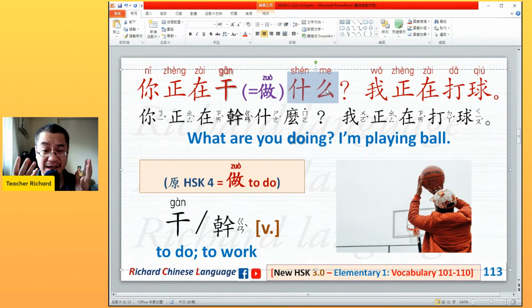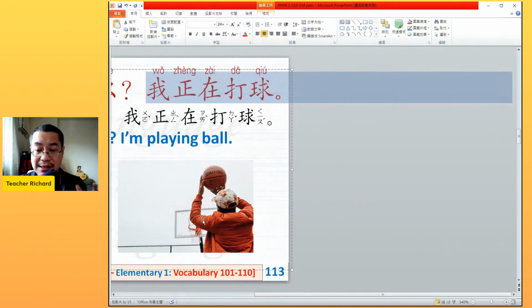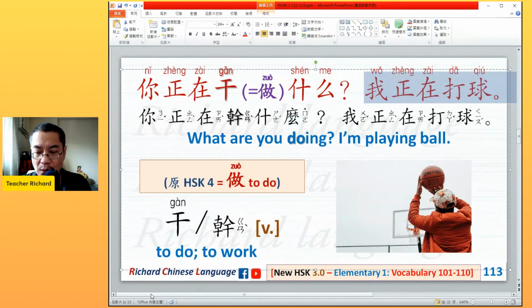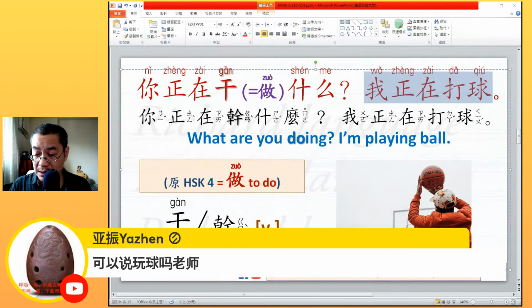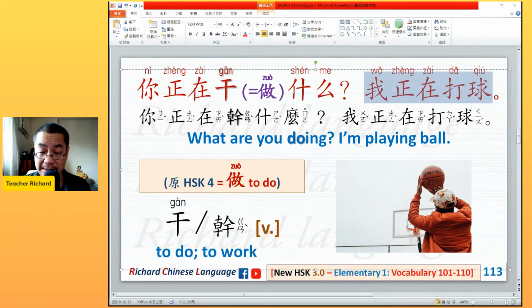Okay, so that's what I said. 干 actually means 做, which means to do or to work. 你正在干什么？你正在做什么？我正在打球。Okay, I'm playing ball. 可以说玩球吗？Yes, you can say that. I'm playing with the ball.